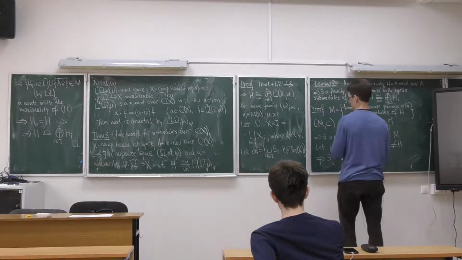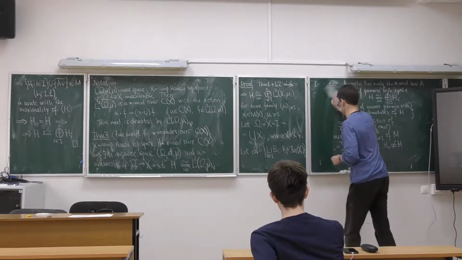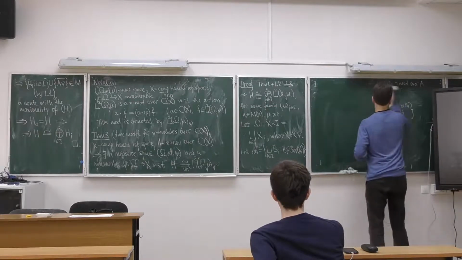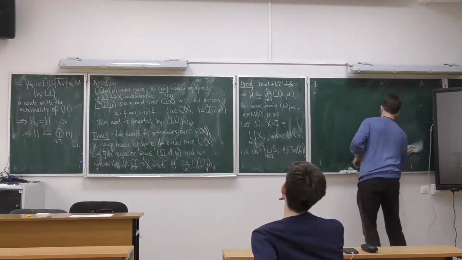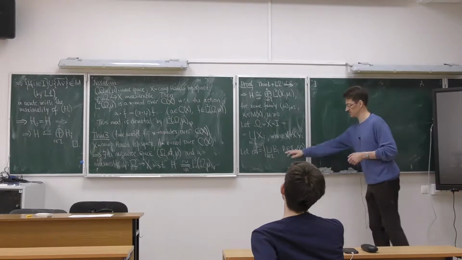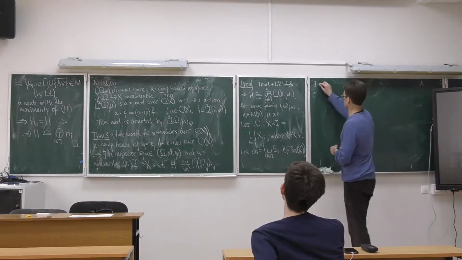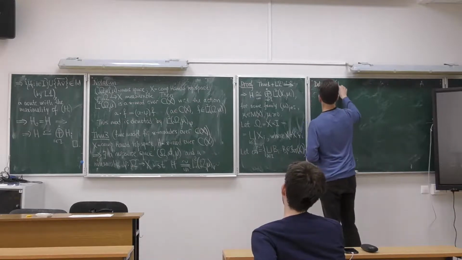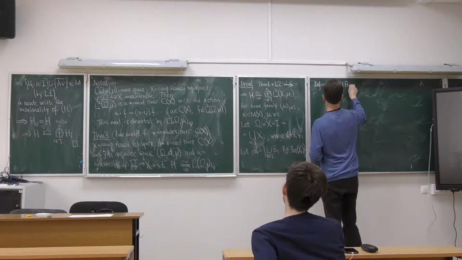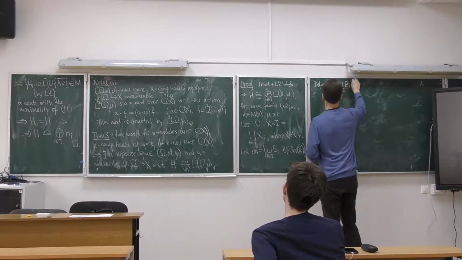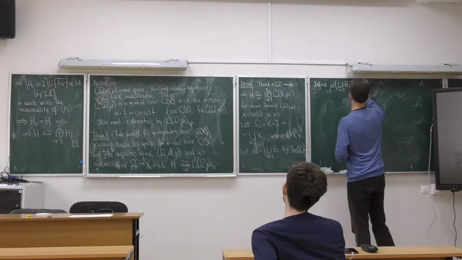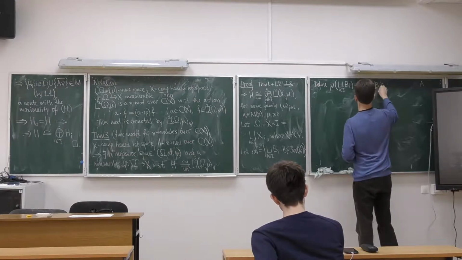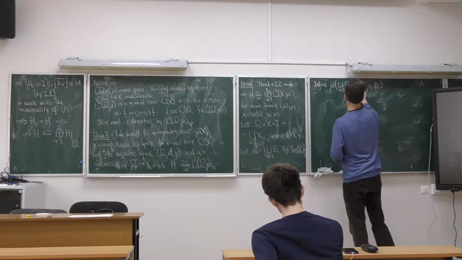Well, now we have to define a measure on A. And we define the measure of each such disjoint union to be the sum of the measures mu_i of b_i over all i.